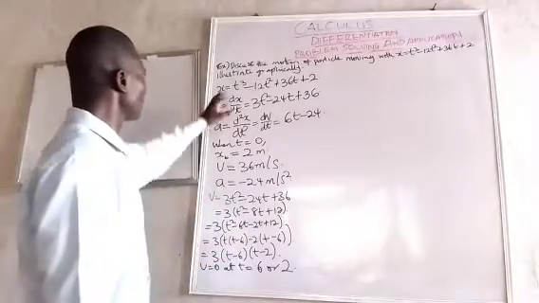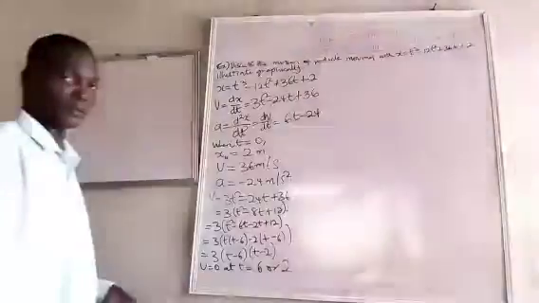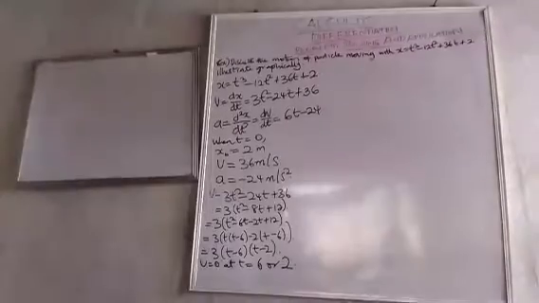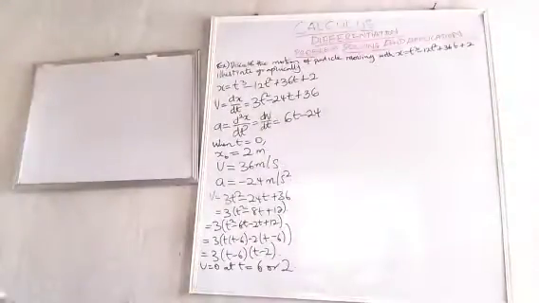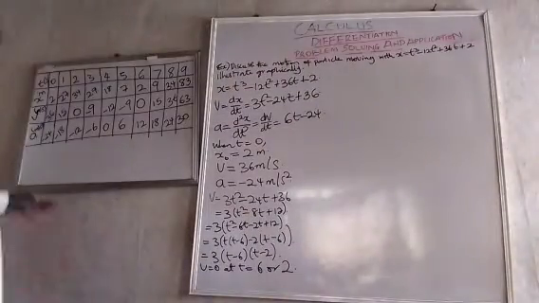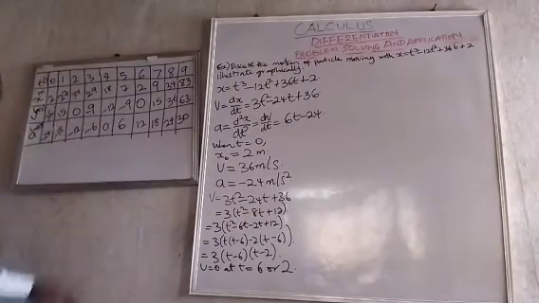We can check. Let's draw the table so that we'll be able to describe how the motion really took place. Now let's use this table to explain the motion.